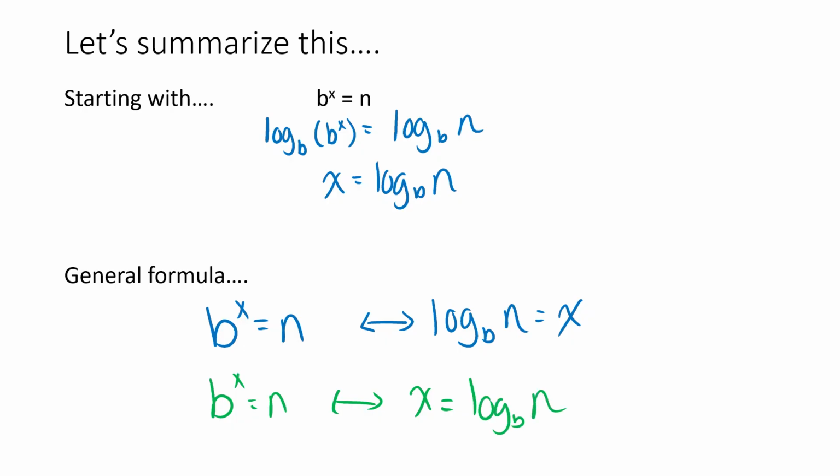A lot of times in my classes, I will just give that to students as, here's how you change the form. This video is more of an attempt to go back and really look at logs as an operation so that you can see where that formula comes from and why that is effective for finding the value of x.